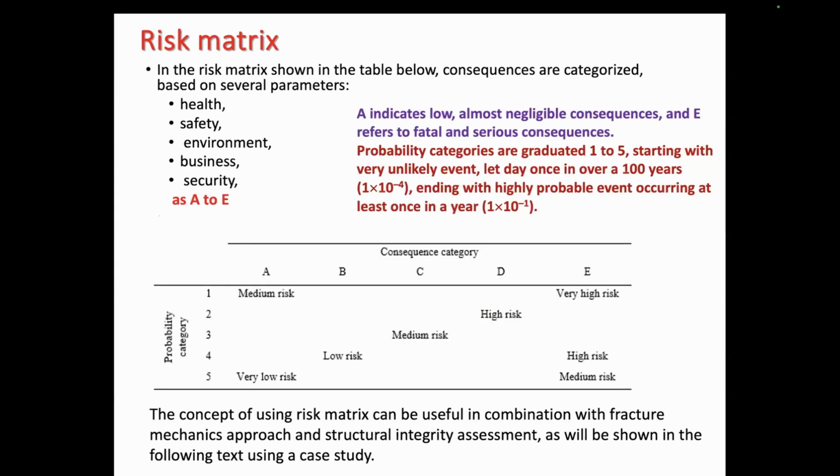Now, the risk matrix, once again, a couple more details about consequences. They are categorized according to what would happen with health, safety, environment, business, and security. So if all of these are affected, we'll probably have the highest category for consequence. And if not, then it would be one of the lower consequence categories.